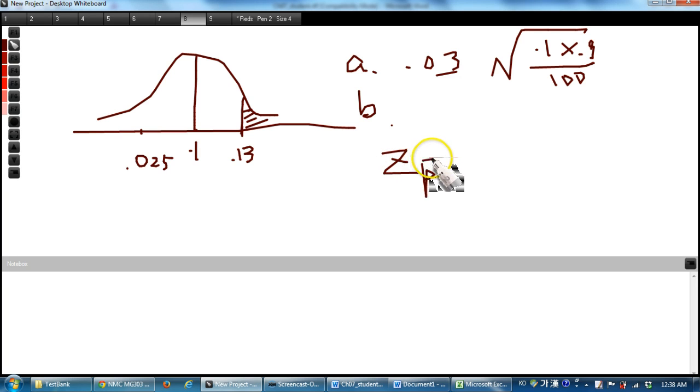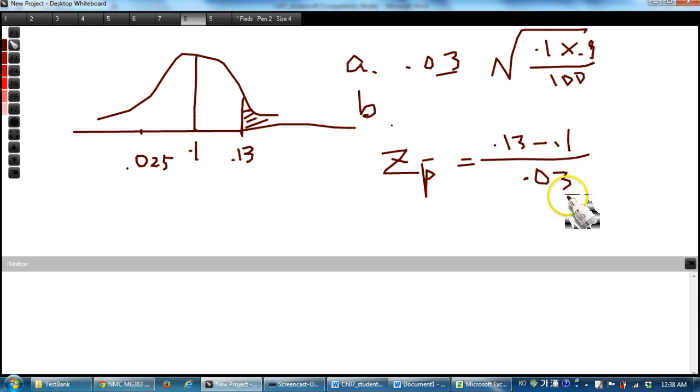In that case, p bar, one example will be 0.13 minus 0.1, divided by the standard error, in this case 0.03. That gives 1, and you can take a look at the table with z equal to 1. So you can figure it out.